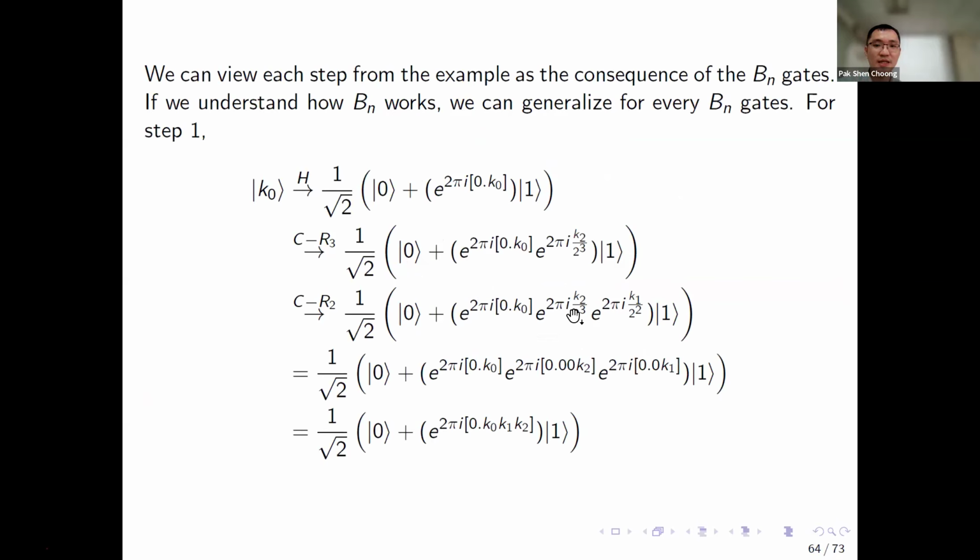The reason I write it this way is because this is exactly your binary representation of decimal places. So this will be 2 decimal places away from the decimal point, this will be 3 decimal places, this will be 2. Then you write it in decimal form and you basically have this as your end result.